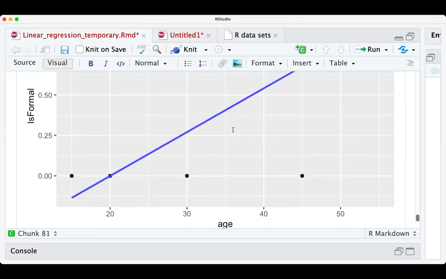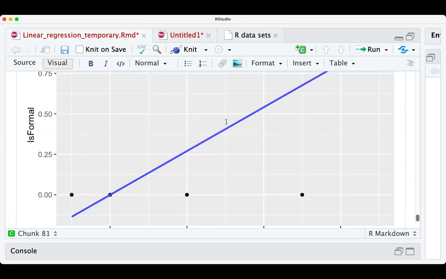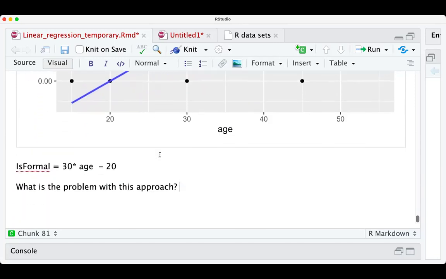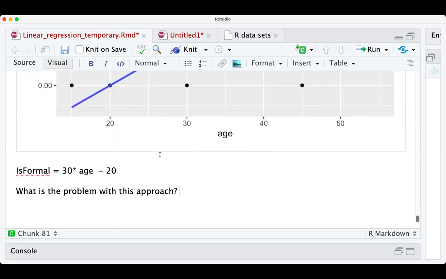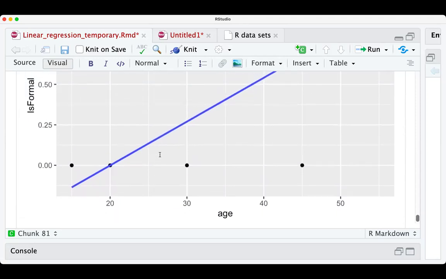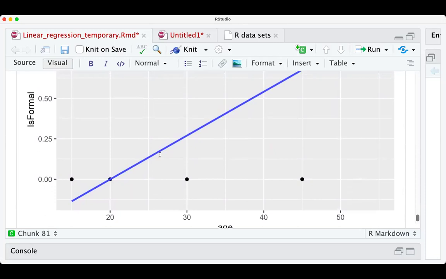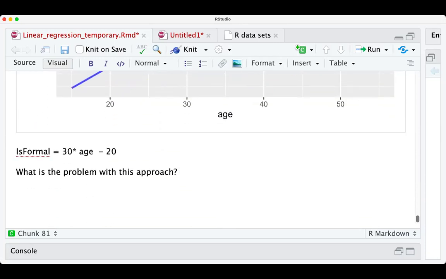And it's not even clear what a prediction which is not 0 or 1 means. So this is one problem, for instance. The variable can take only 0, 1 values.